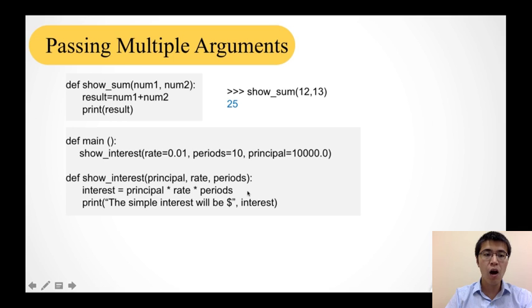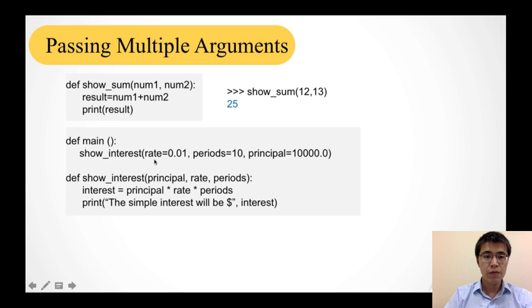Okay, now see how we use this function. We have this show interest function, which requires 3 parameters. And then when we use this show interest function, we also need to provide 3 arguments. And interestingly, you can see that we do not necessarily need to provide those arguments in the same order. We can provide the rate argument first, period second, and then principal, right?